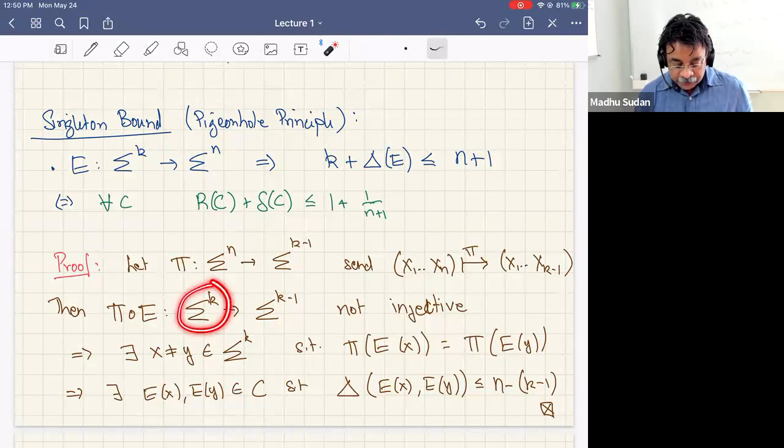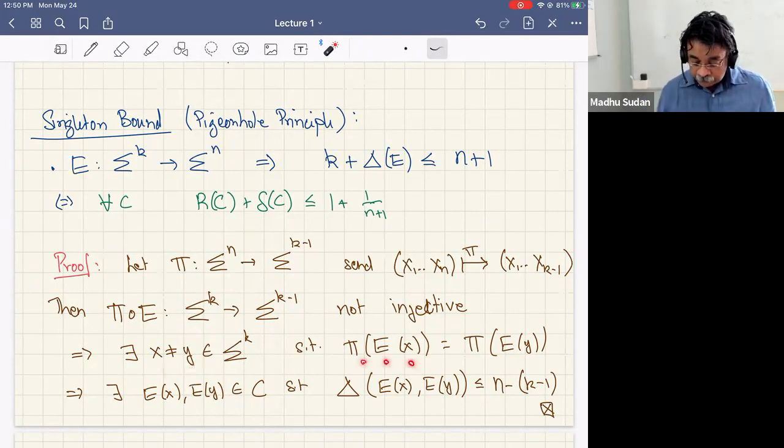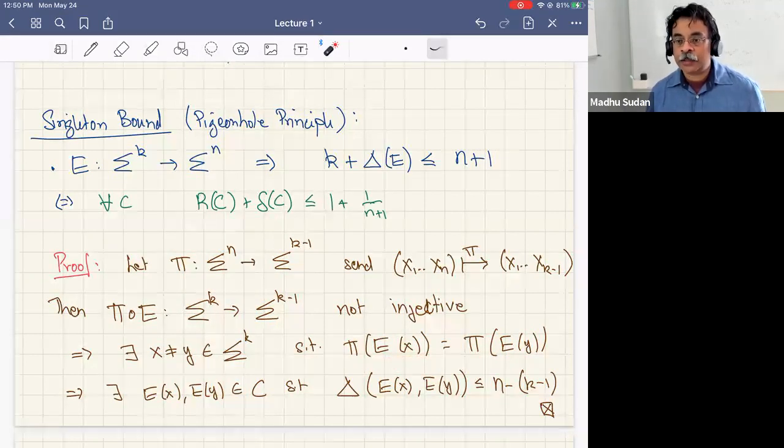Clearly, this function has a larger domain than the range. So there must exist 2 points in the domain which map to the same point in the range. So what happens if there is x and y such that pi of E of x equals pi of E of y? Well, that means that the first k minus 1 coordinates of the encoding of x agree with the first k minus 1 coordinates of the encoding of y.